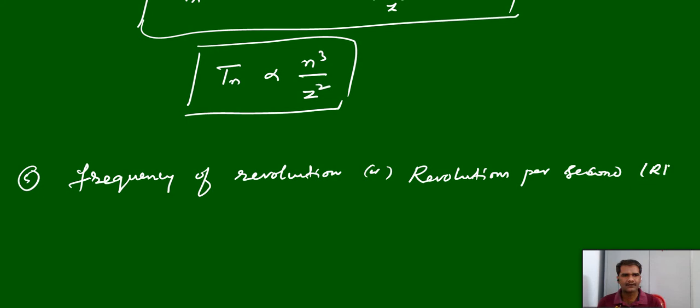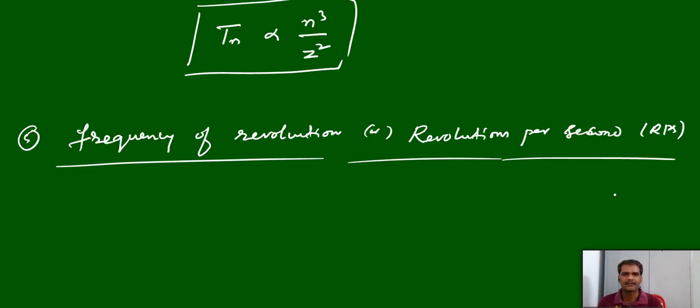You can represent it as RPS, frequency of revolution or revolutions per second. Frequency, we know that it is reciprocal to the time period, and frequency of revolution Fn is equal to 1 by time period Tn. N means again the orbit.